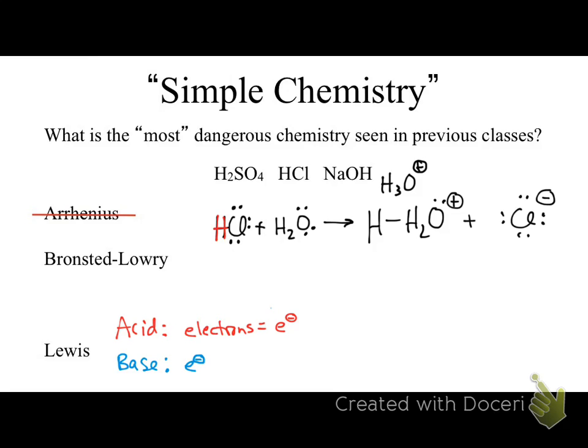Where do I have electrons? Say on that oxygen, we've got 2 lone pairs. So what we can do is take those lone pairs and share them with the hydrogen. How many bonds would that hydrogen have if we shared electrons?